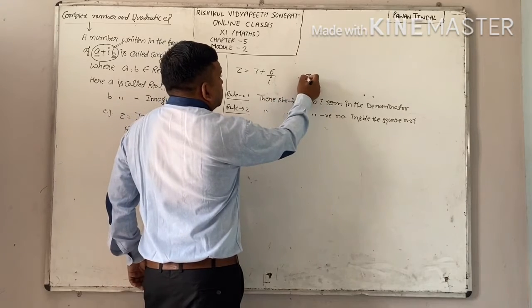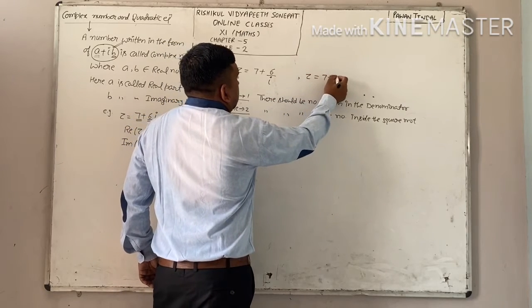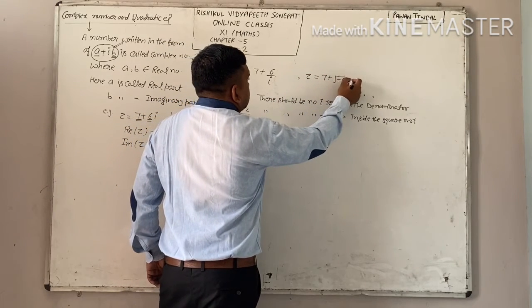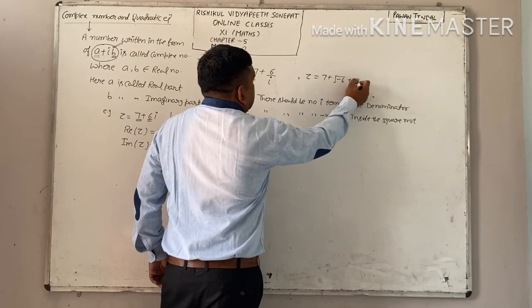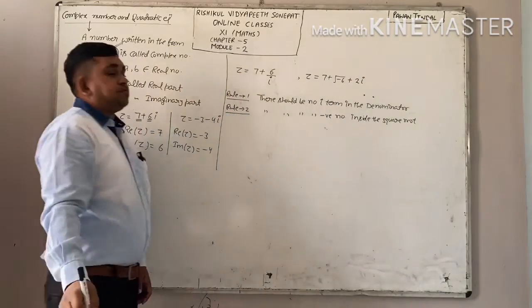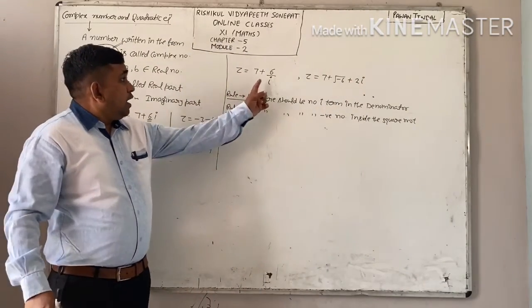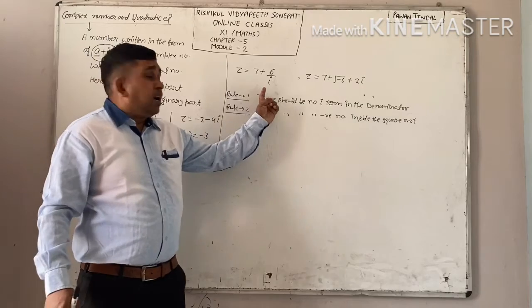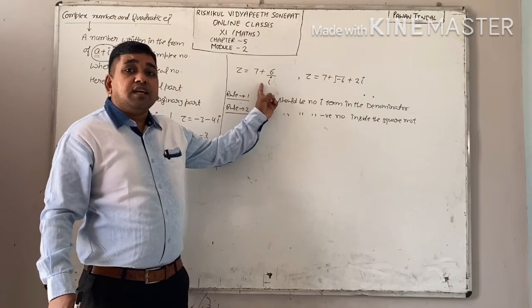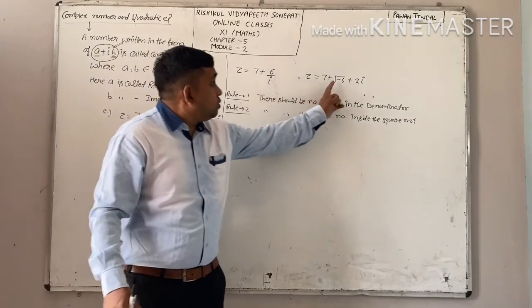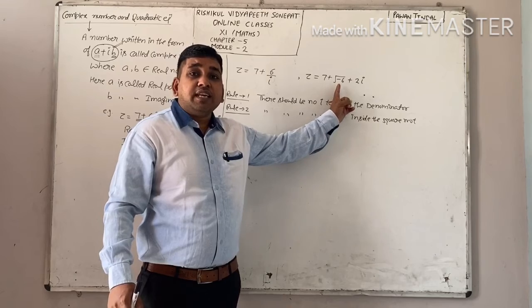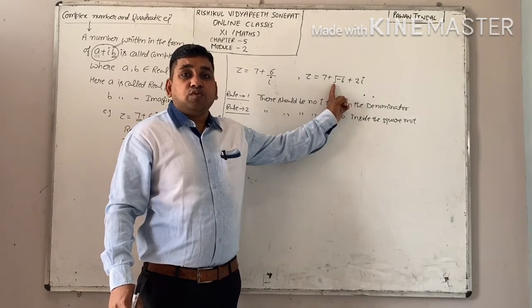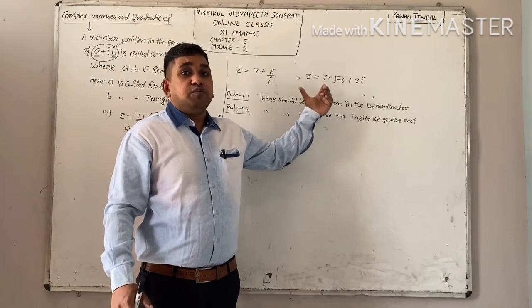I am taking one more example. Z equal to root minus 6 plus 2 iota. Right? Here we are having one problem. Iota term is present in the denominator. And here problem is that there is negative sign inside the square root. First of all, you have to remove these problems.